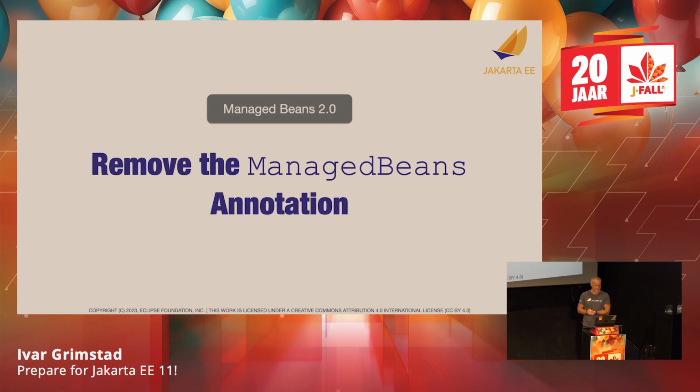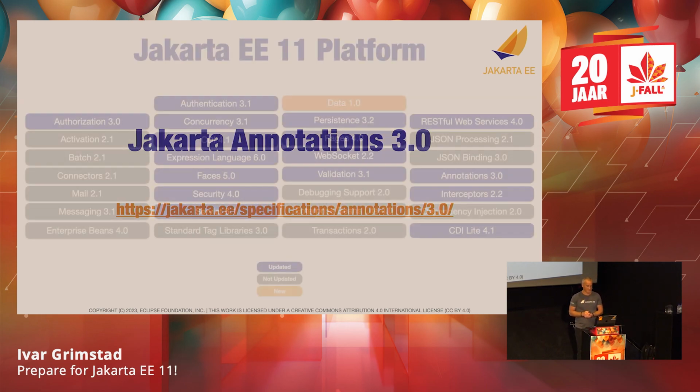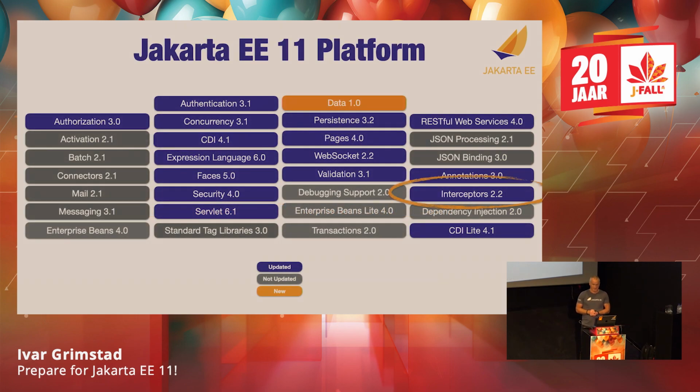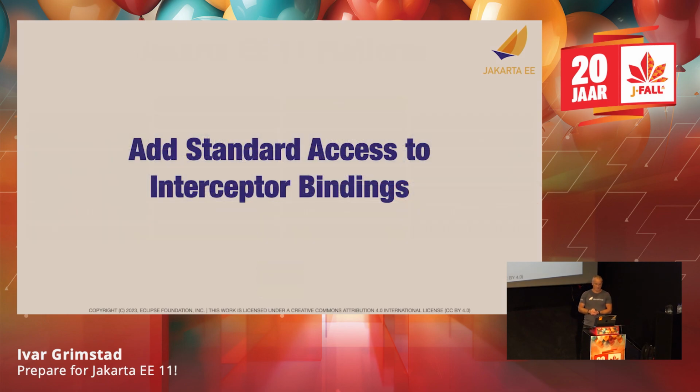So Annotations. They have one item on the agenda. Annotations is the one where the @Managed annotation is. So remove this annotation. That's the only thing they're doing in Annotations for this release. And for Interceptors, it's a standard access interceptor binding.